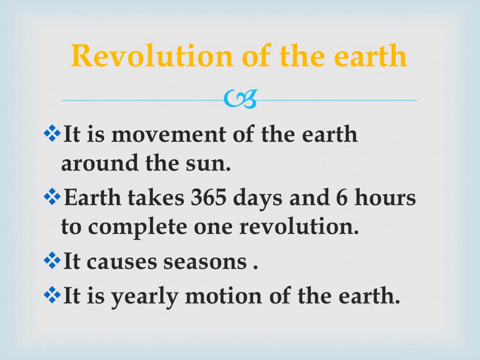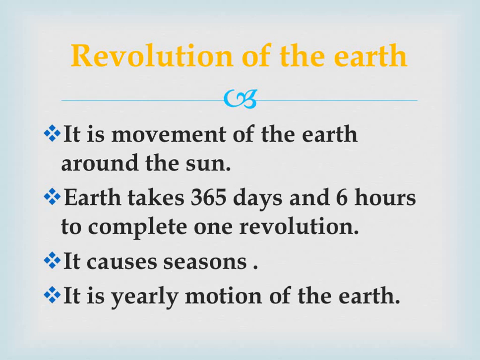Earth takes 365 days and 6 hours to complete one revolution. In rotation, it takes 24 hours. In revolution, Earth takes 365 days and 6 hours to complete one revolution around the sun.